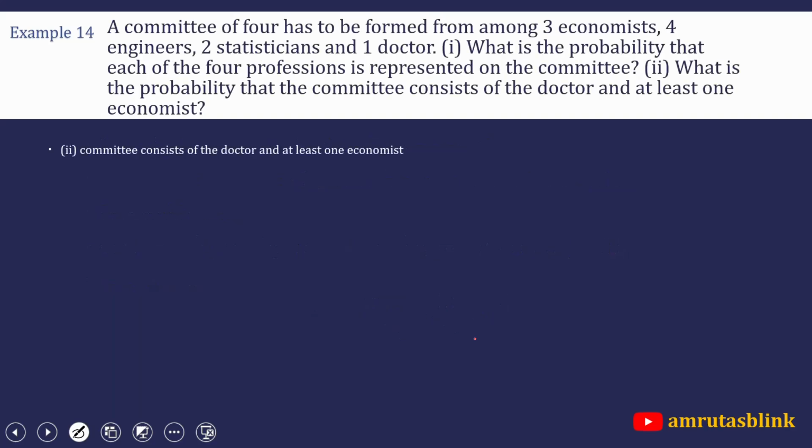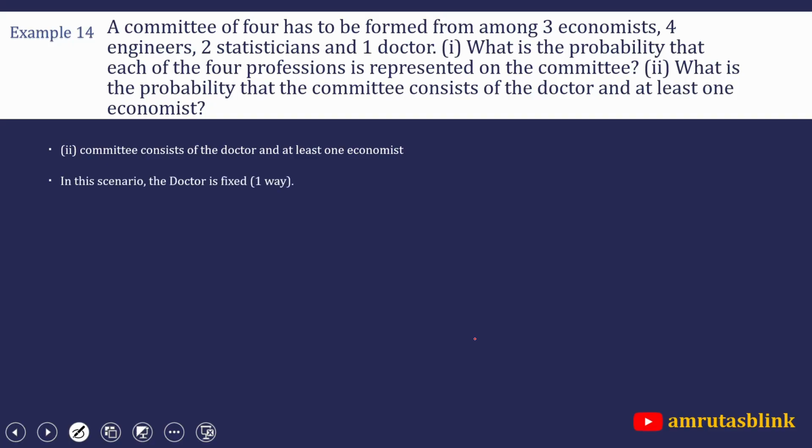Let's look at the second case. What is the probability that the committee consists of the doctor and at least 1 economist? Now there is 1 doctor and how many economists are there? 3 economists are there. Now we had already seen that whenever you have the word at least in your selection process, you should use the complementary rule.